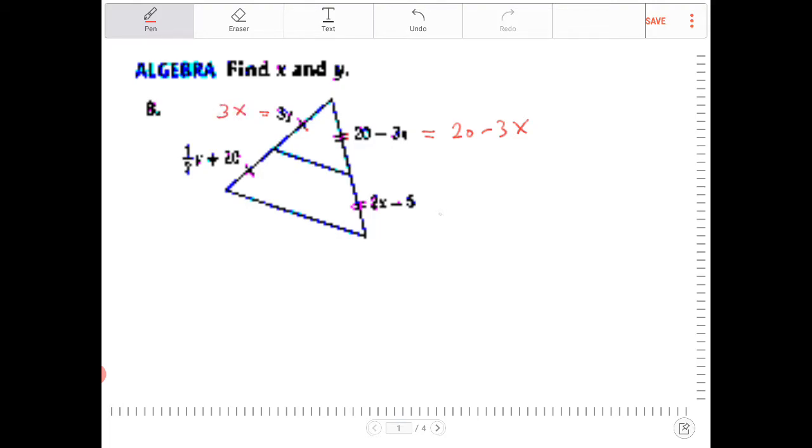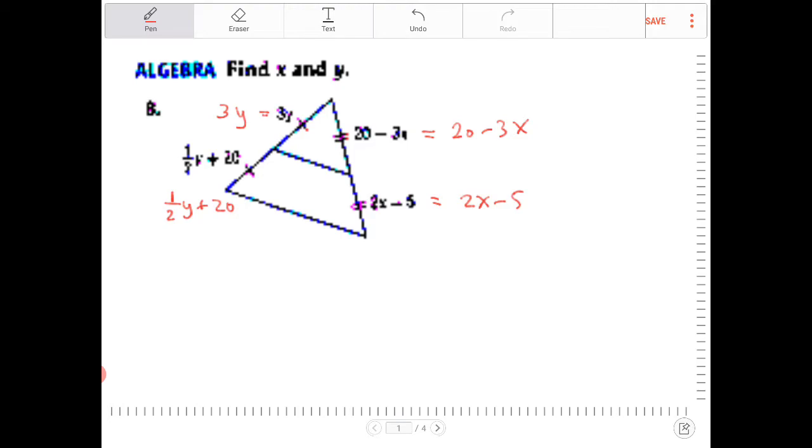This one, I'm sorry, that's 3y, and this one is 2x minus 5, and this one is 1/2 y plus 20. Again, I apologize for the grainy appearance of these images here.